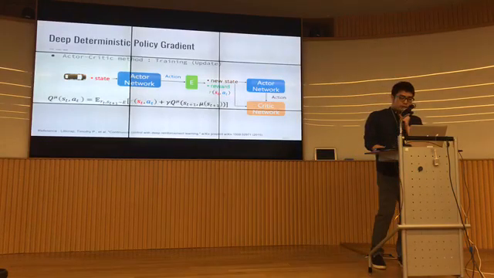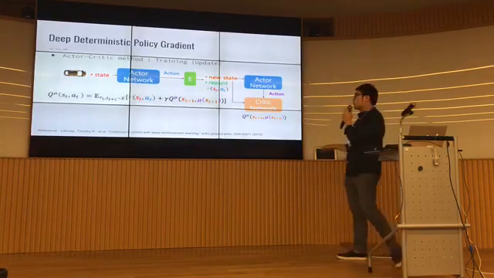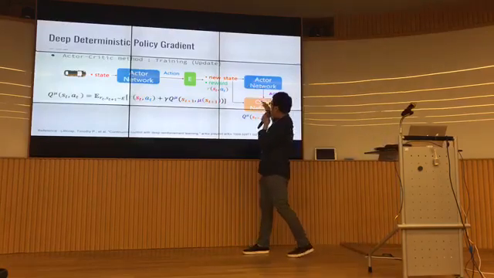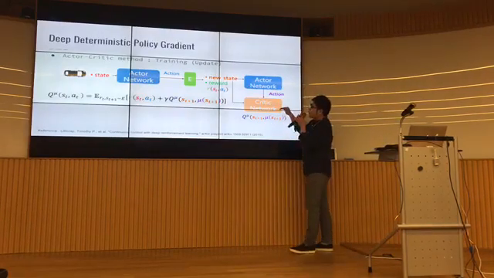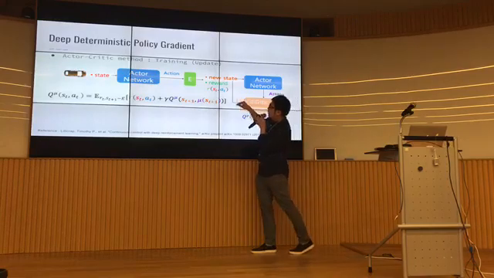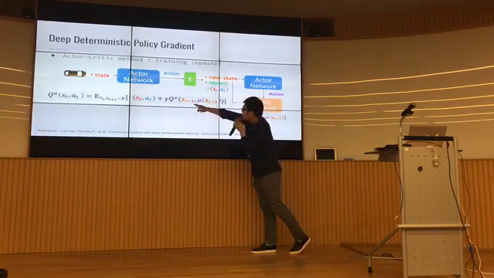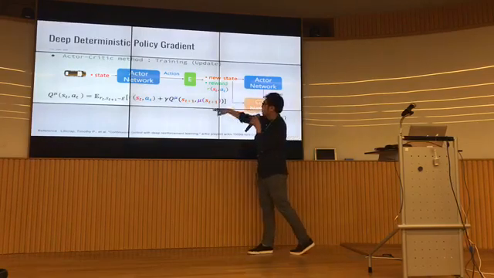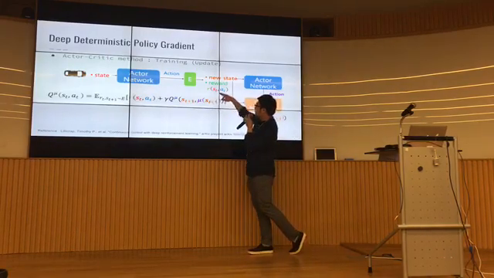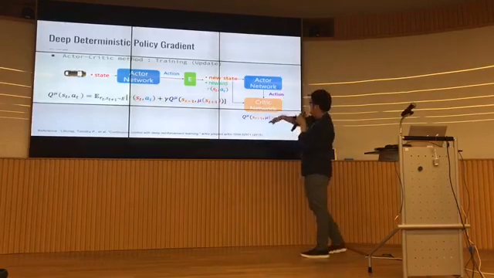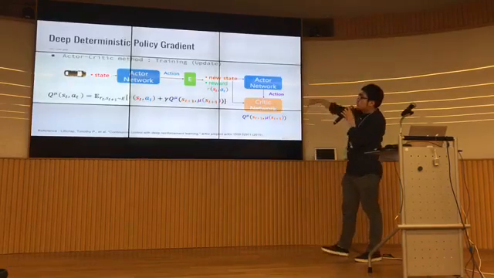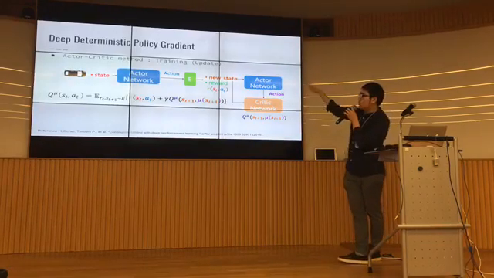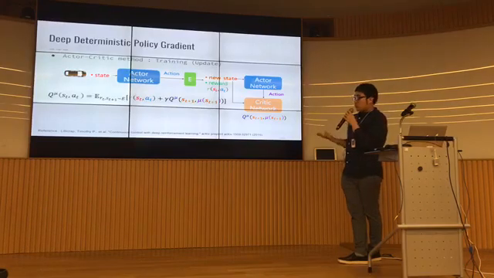The second term is the output of the critic network, with the new state and the new action as input. All of these things are the expected future reward.